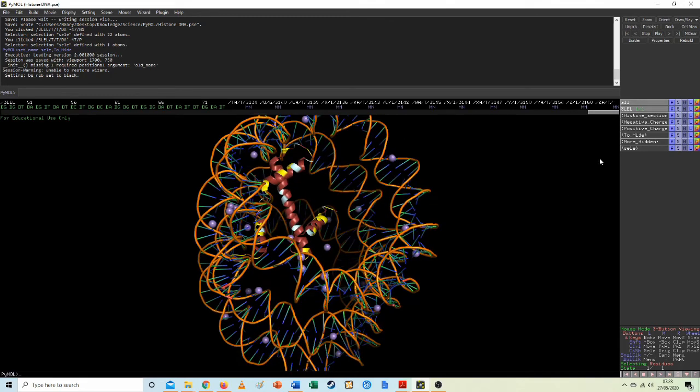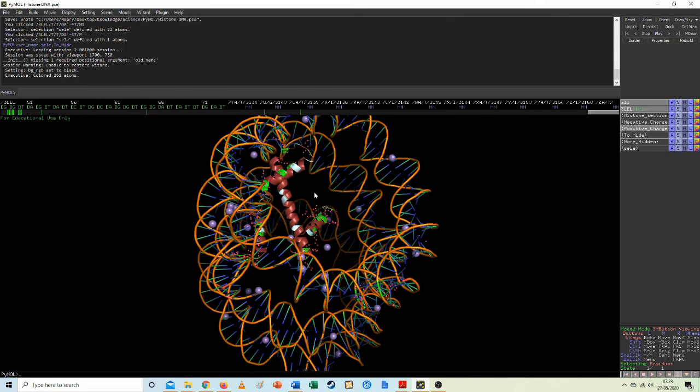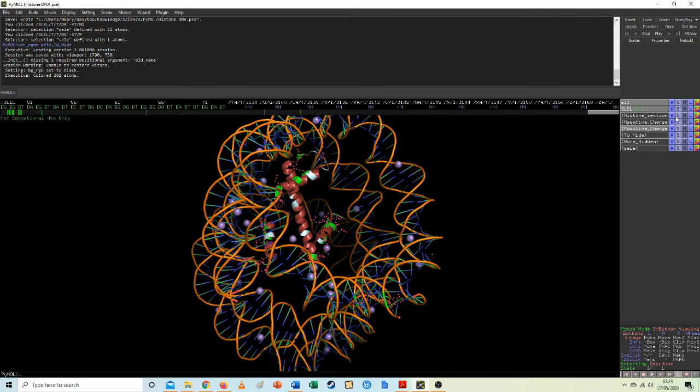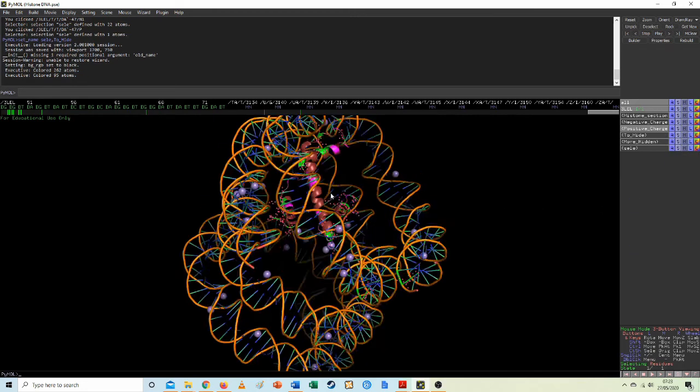So what I've done is I've got my positive charge here. I'm actually going to change the colour. I'm going to make it a bright green for the positive charges, and the negative charges I will make a... Ooh, what will I make it? Magenta. That sticks out not too badly.